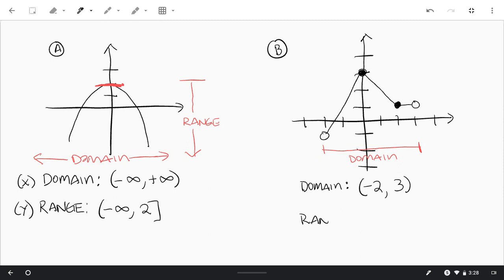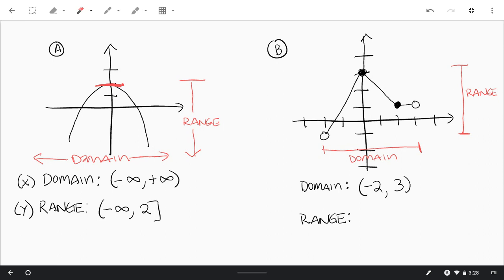Now, when I take a look at the range, and I'm looking at the y values, okay, so here, the y values. So I'm looking from here all the way up to here. That's my range. Okay. And every y value between there is being used, even though I have these open circles.